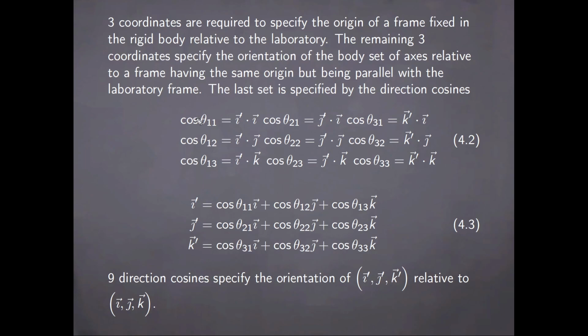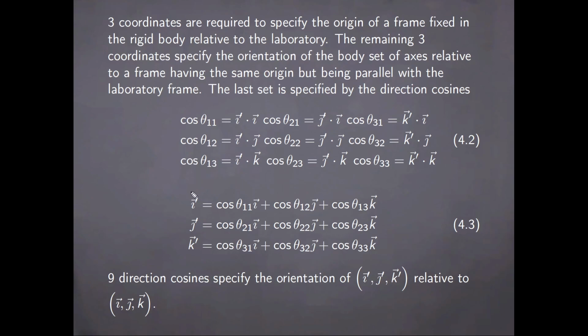So the 9 direction cosines are the dot products between the primed set of axes and the unprimed set, which is considered to have the same origin as the primed set, but is always parallel with the laboratory frame of reference. And the nine dot products are listed here.